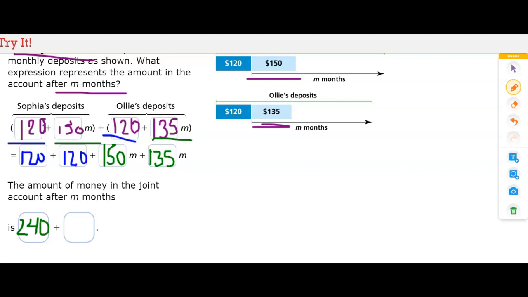And then the $150 and $135, you combine, add those together, you get $285 times M. And all they wanted for us was to come up with an expression to solve. We're not actually solving, so we're done.